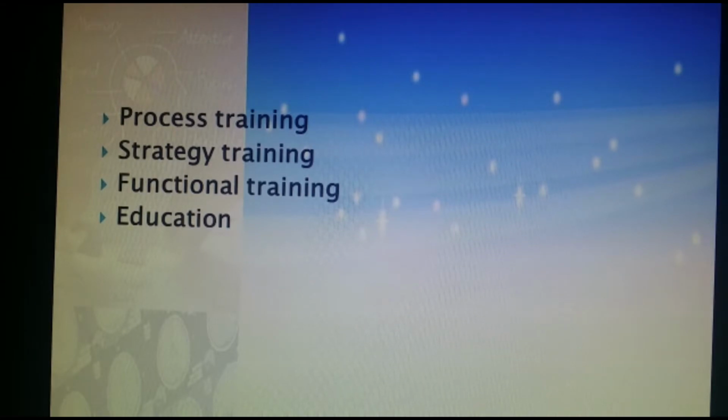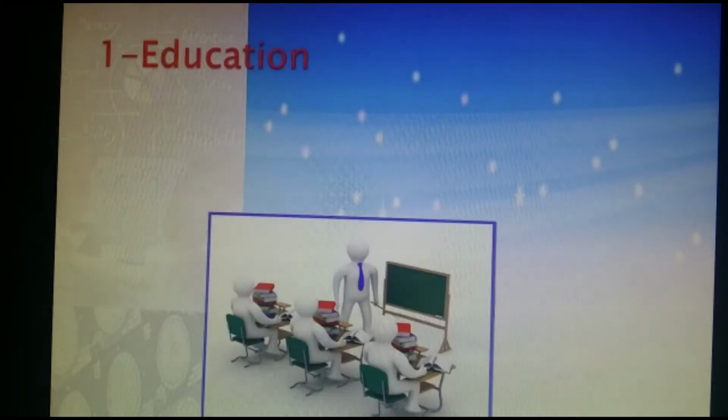So let's talk briefly about these approaches, because we're going to take maybe one day to talk about them in detail. I will just summarize and highlight the important points related to these approaches. When we talk about education, which is the first level of cognitive rehabilitation therapy, you need sometimes to see yourself as a teacher, not only as a therapist, whenever you work with the patient and do cognitive rehab therapy.